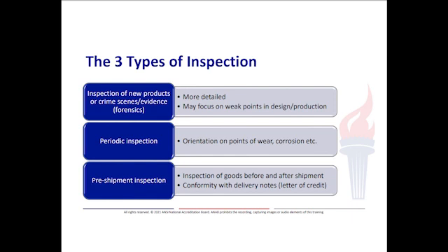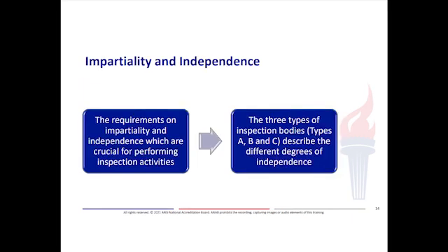And that inspection report, the seal on the cargo hold are accepted as a valid inspection if this inspection body has been accredited to 17020. Now, we talked earlier about impartiality and independence being critical within 17020.